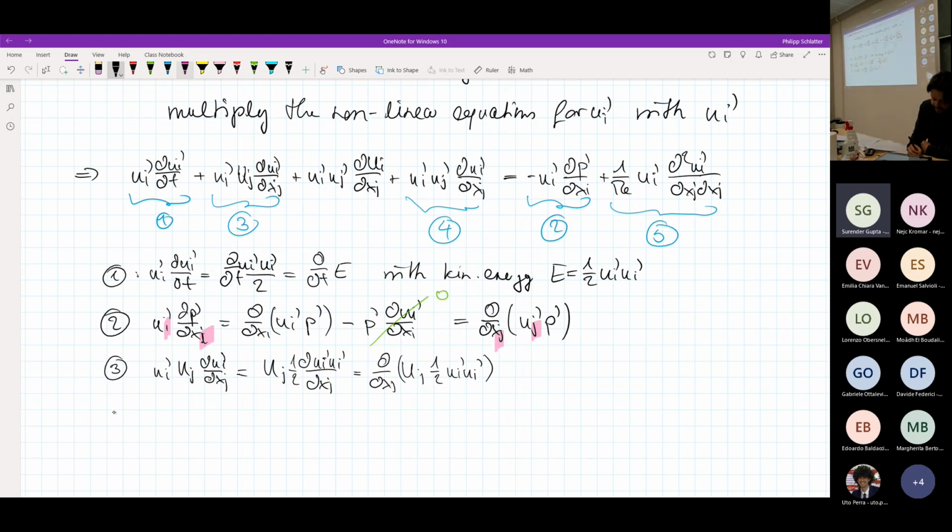Okay, then we have term number 4. That was this ui prime uj prime, so the nonlinear term. Also there, let me write it down first: ui prime uj prime dui prime dxj.